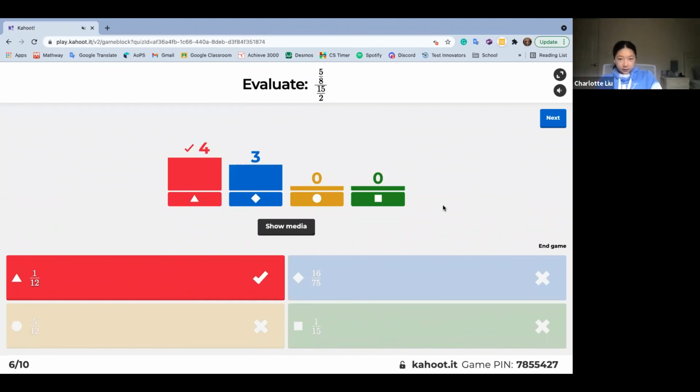The fraction symbol is also a division symbol, so it would actually be 5/8 divided by 15/2. Then you multiply 5/8 by the reciprocal, which is 2/15, and then you cross multiply and you should get 1/12.